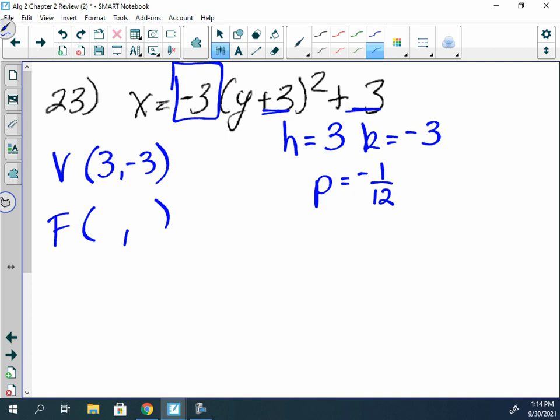Again, when we look back at the general equation for x equals, it's H plus P comma K. So the K value would be negative 3. Now we do need to find H plus P, which would be 3 plus negative 1/12, which would be 2 and 11/12, or 35/12, I believe. Yes.